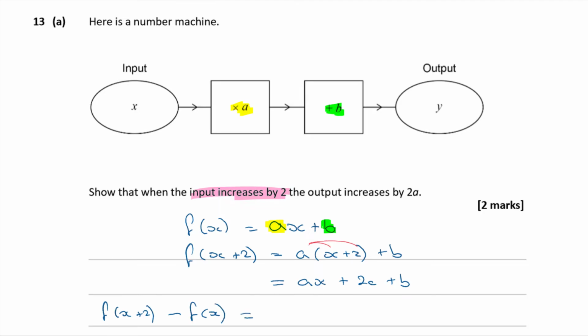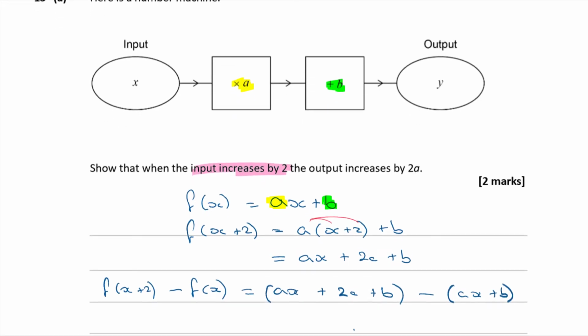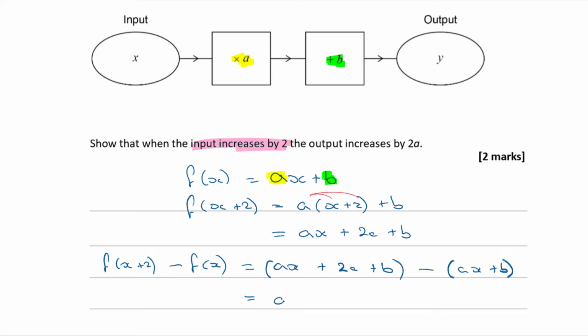Okay, so f(x + 2) we worked out to be ax + 2a + b, and from that we need to minus f(x), which is ax + b. So just tidying up those brackets, I've got ax + 2a + b - ax, and minus a plus is a minus, isn't it? Okay, so what cancels here?